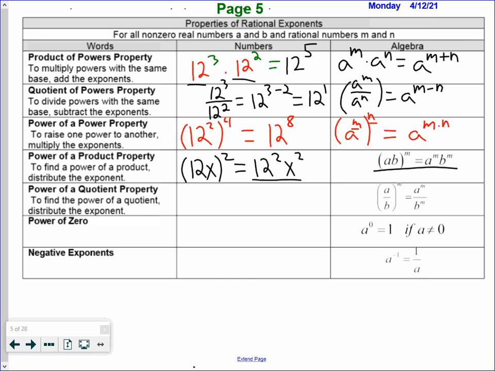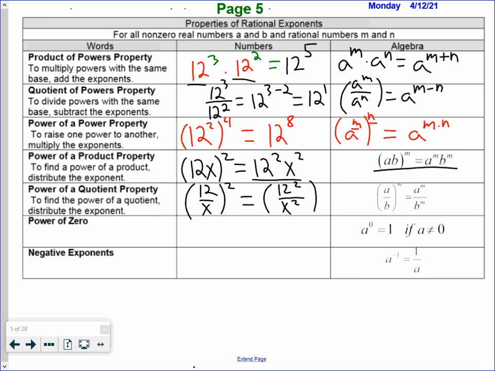Next, we have the power of a quotient property. To find the power of a quotient, we're going to distribute the exponent. So it's very similar to the power of a product property. If we have 12 over x, all to the second power, we can rewrite this as 12 squared all over x squared. We can distribute the exponent to the top and the bottom.